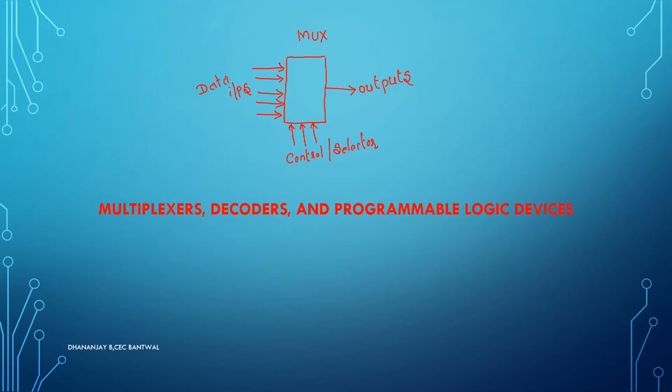So one of the data will be selected from the multiple data inputs, and that selected data input will be sent to the output side. Now the question is, based on what criteria are you selecting this particular data input? Do you have any criteria, or are you selecting the data inputs randomly? The data inputs are selected based on the status of the control or selector inputs. That is why we have control or selector inputs here.